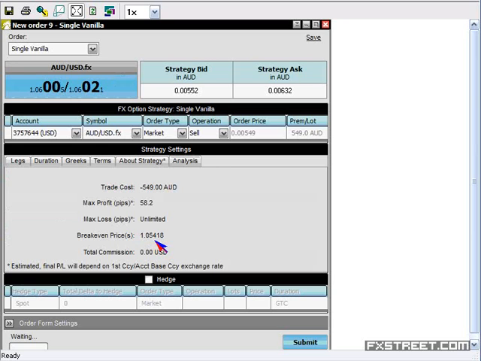The flip side is that you're not going to participate in all of an up move. Your max gain is capped at whatever you receive. But in the meantime, you're profitable as long as Aussie dollar stays above your strike. So if you were planning to buy Aussie at 106 anyway, why not get paid while you're waiting for this to happen?